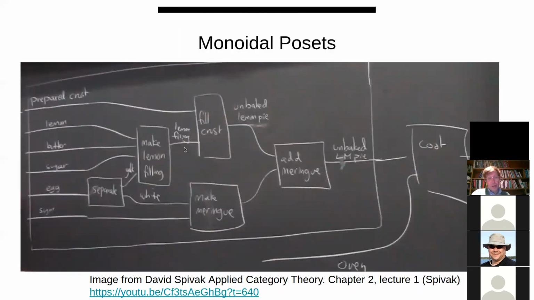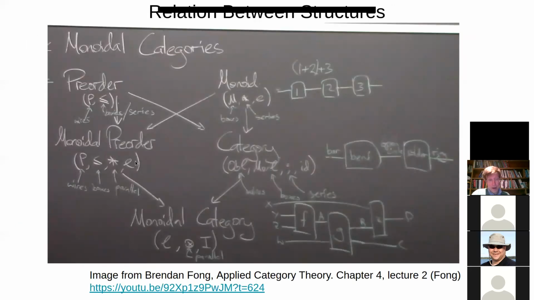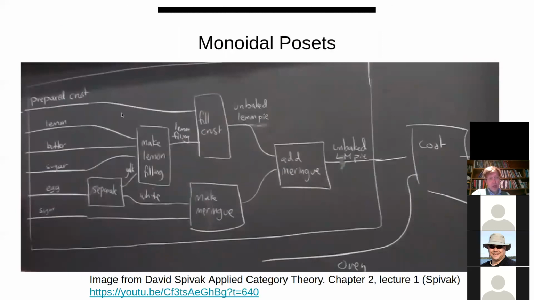Monoidal preorders and monoidal posets have this sort of structure that can be illustrated, where we are combining successive things.